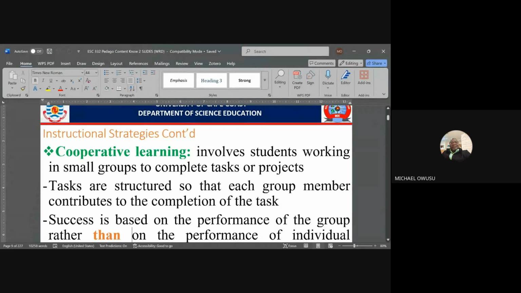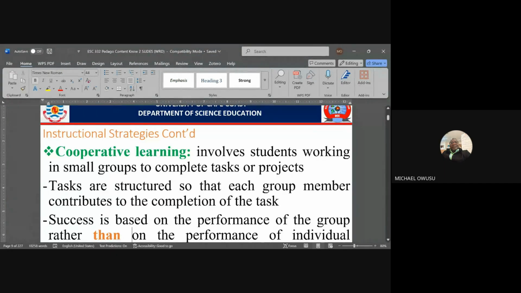So you can say maybe you will be the secretary. Since we are going to draw this, you are going to draw this part. Since we are discussing the importance and significance of this, you should go and read about this. So when you come and discuss, you will present this, and you will also present this.